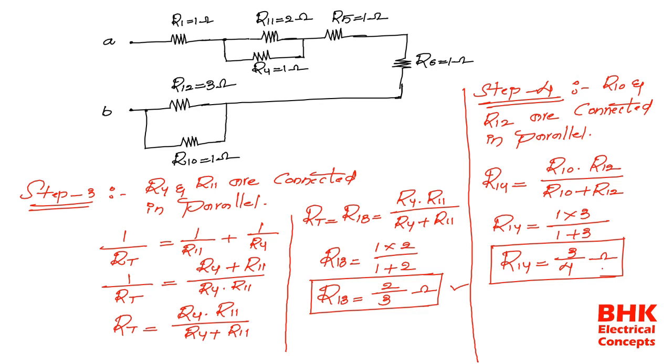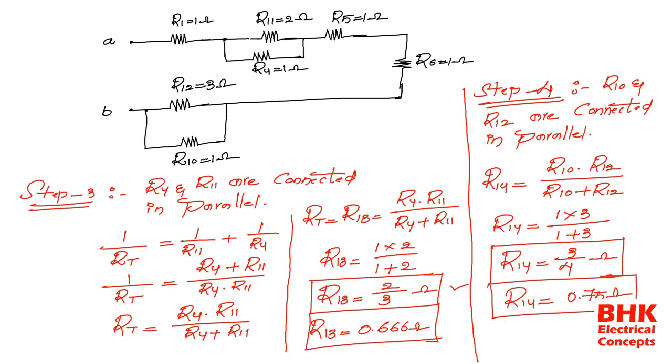Now we know that 2 by 3, how much you will get the value? For 2 by 3 you will get 0.666 ohms. So by solving you will get the value of R13 is 0.666, and coming to the value of 3 by 4 you will get, by solving this, R14 is equal to 0.75 ohms.